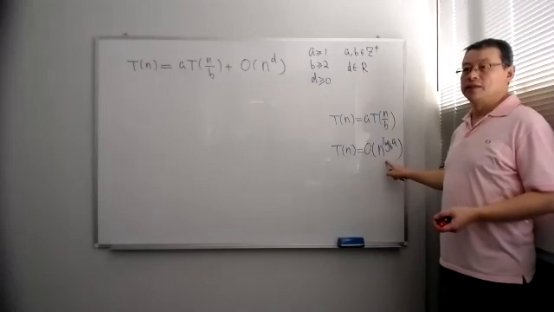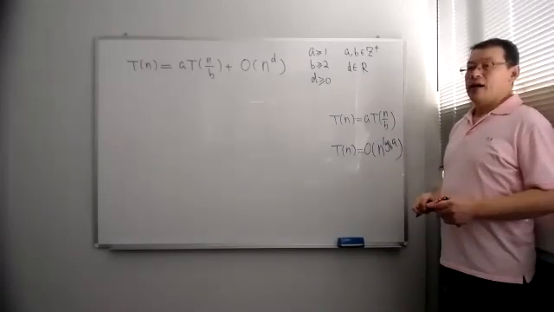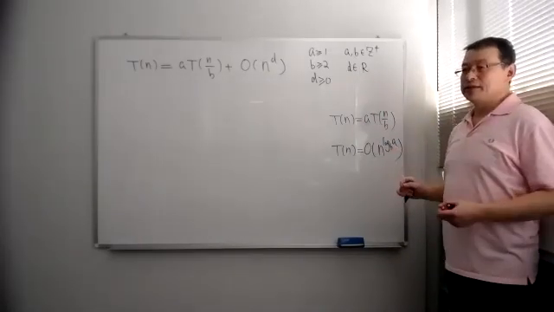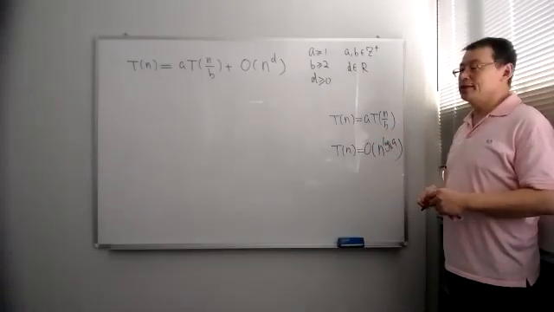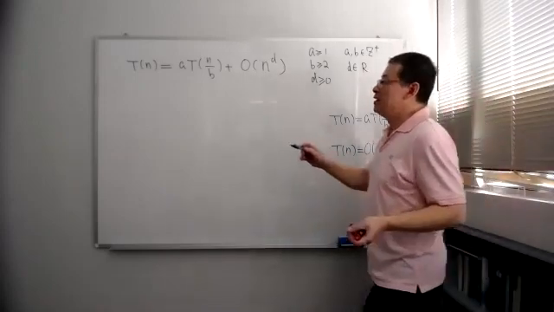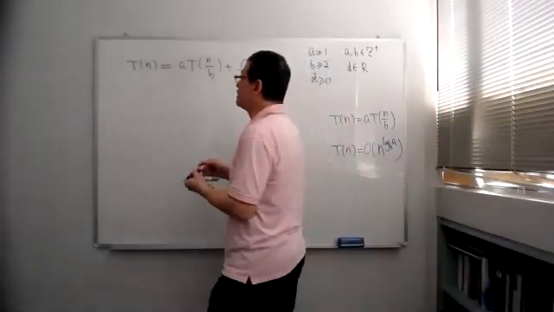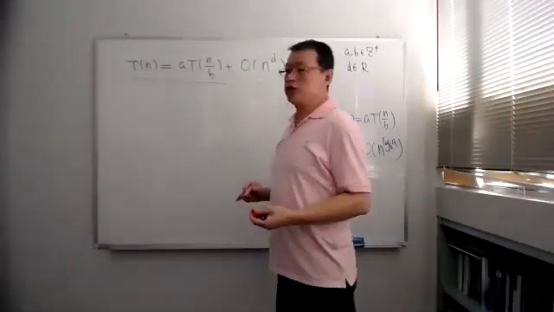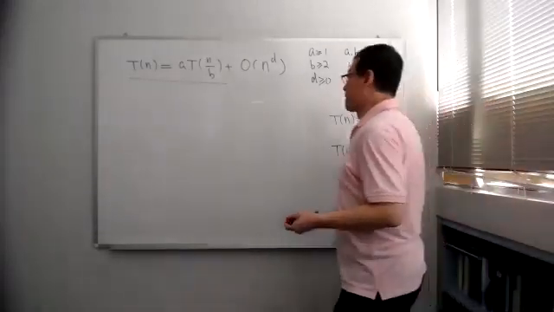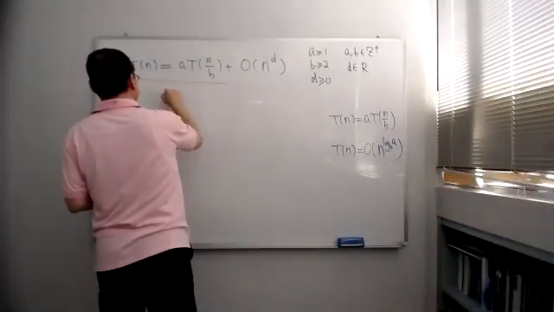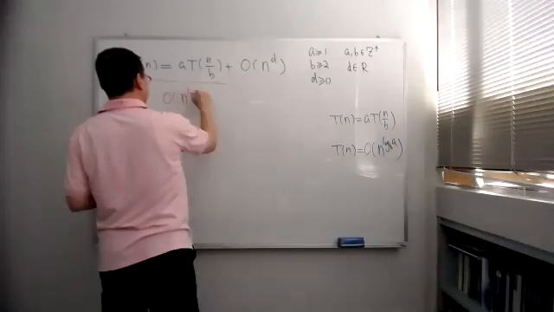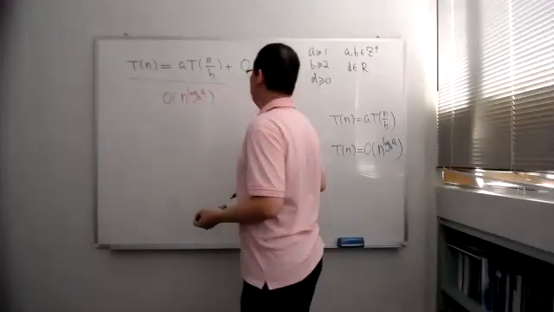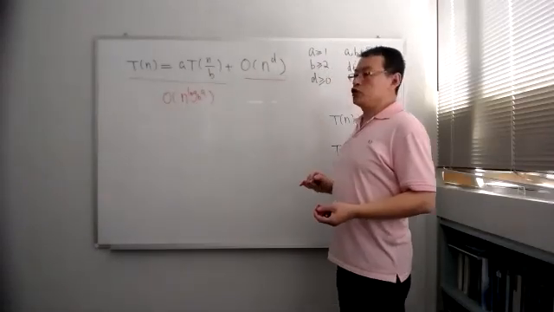That's a solution. Now look at this one. If we compare it to a non-homogeneous recurrence relation, the solution contains two parts. One is the homogeneous part, which is this one. The other is a particular solution.